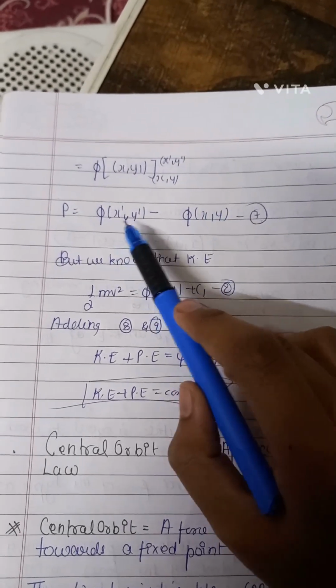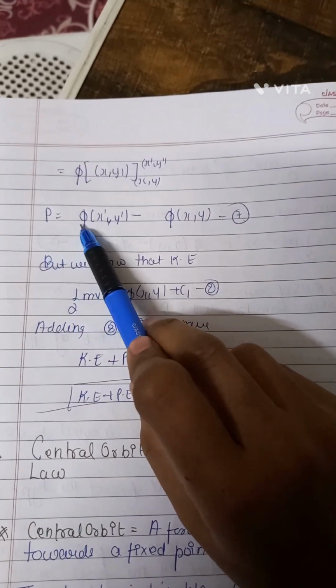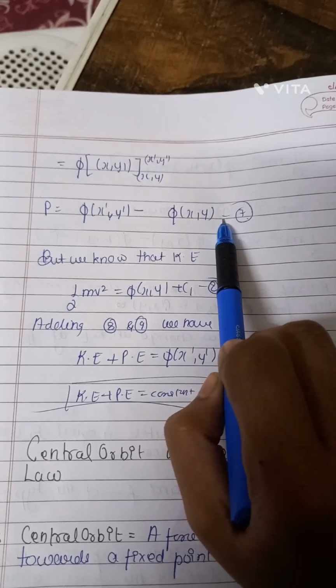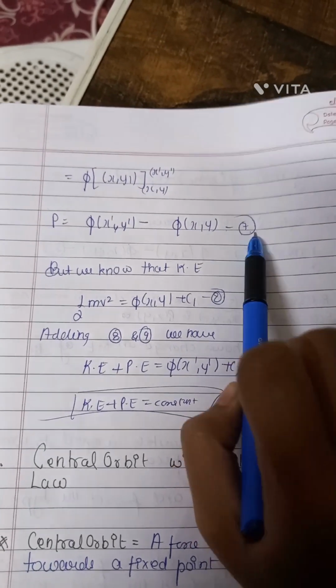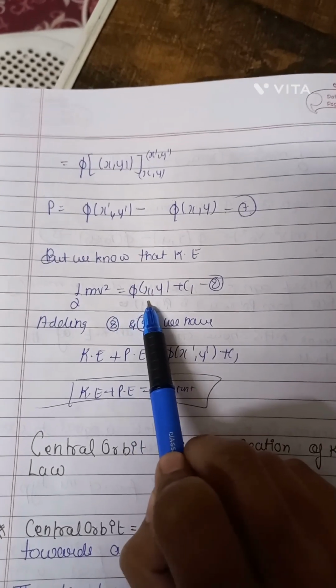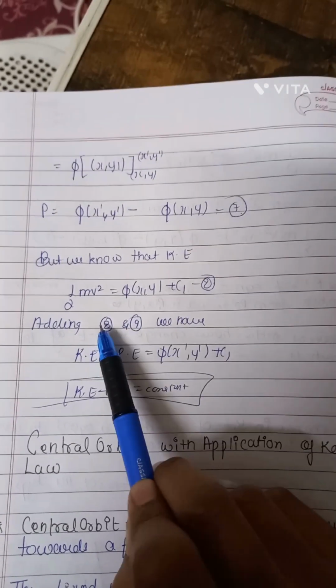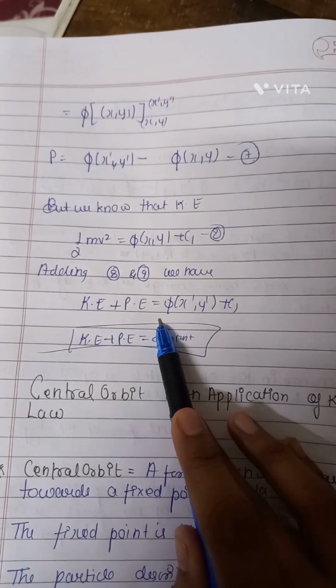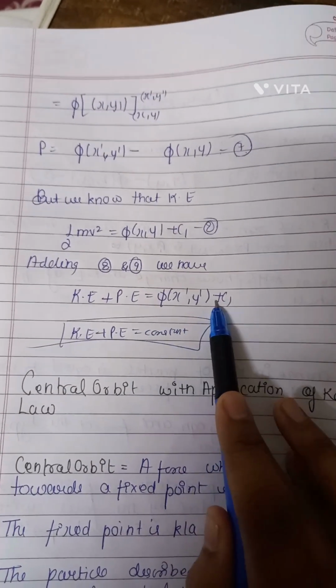On integration, we get the following equation where the potential energy comes out as phi(x', y') minus phi(x, y). Let us take this as equation 7. But we know that the kinetic energy half m v square equals phi(x, y) plus c1. Now adding equations 8 and 9, we get kinetic energy plus potential energy as phi(x', y') plus c1, which is a constant.